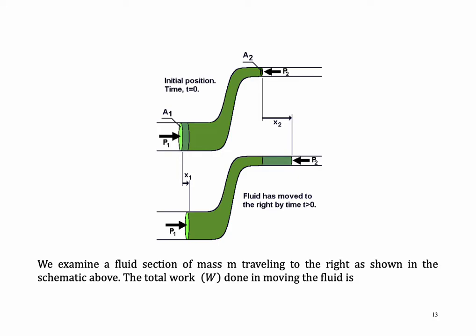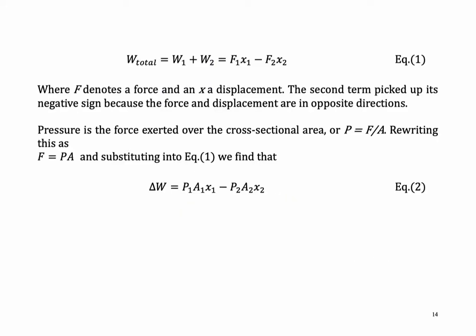The total work W done in moving the fluid is this one. So W total means work total. Work done in this situation is work 1 plus work 2. So work 1 here means work at the inlet plus work that occurs at the outlet.